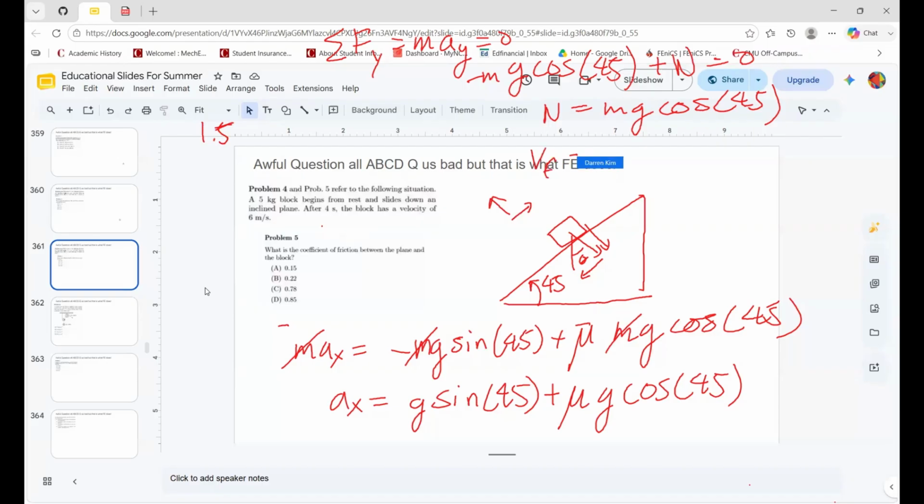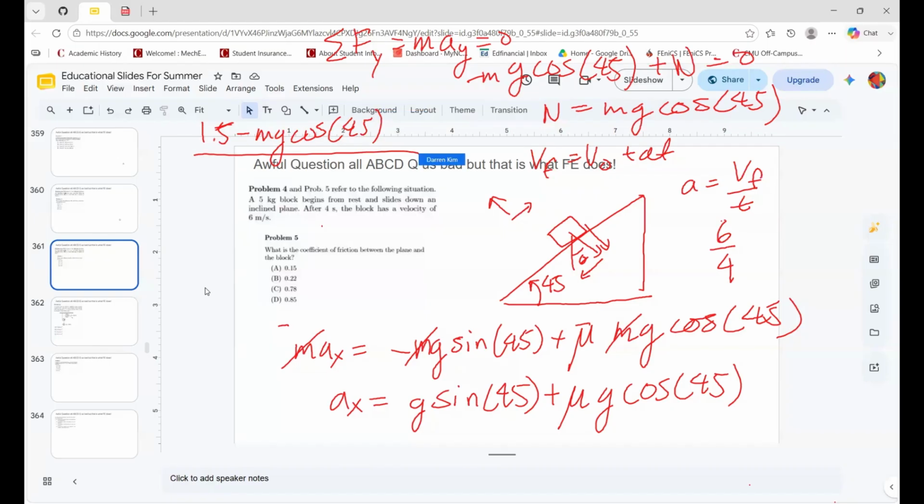V final equals V0 plus AT, so A must equal VF divided by T. We know V is 6 divided by 4 seconds, which is 3 over 2, which is 1.5. With that 1.5, we can do 1.5 minus g sine 45, divided by g cosine 45, which equals mu.